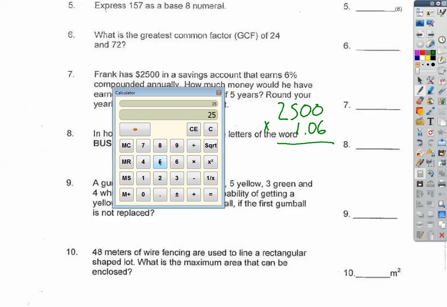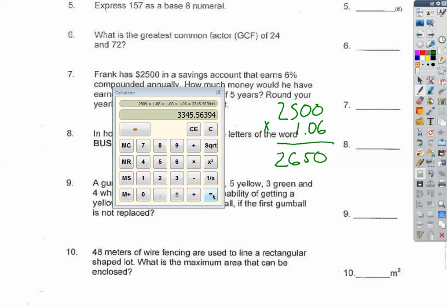So multiply it by 1.06, and then you multiply the result by 1.06, and you do that 5 times. So that's 2, 3, 4, 5, and then it's just a matter of rounding it.